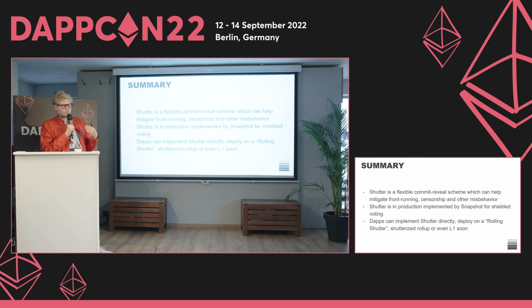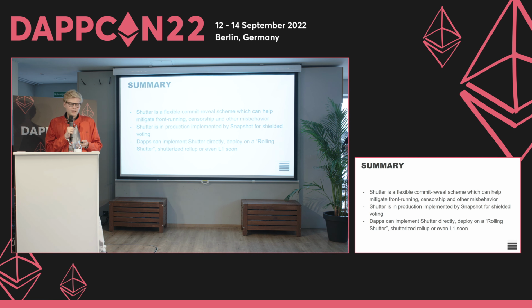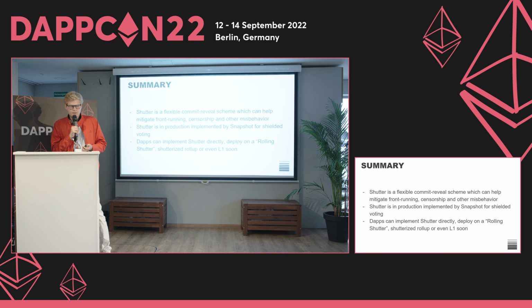So in summary, even broader than MEV, Shutter is a flexible commit and reveal scheme, which can help mitigate all kinds of issues relating to front-running, censorship and other misbehavior on chain. And it's nearly live in production. It should go live this week, hopefully, for shielded voting.